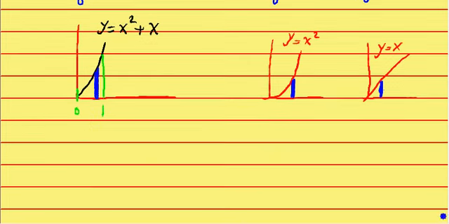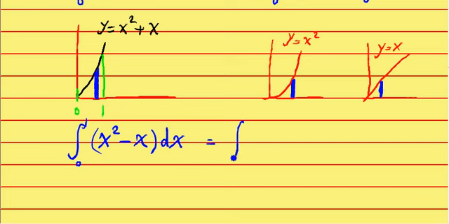Let's go ahead and write the example for subtraction as well. If I have x squared minus x and I am integrating from any location to any other location, I can do the same thing by calculating the areas separately if I want for each function and subtracting later on.